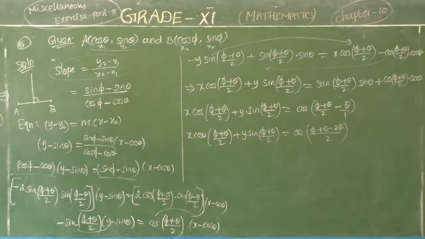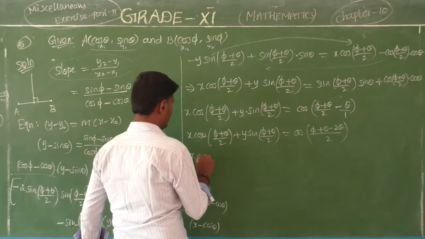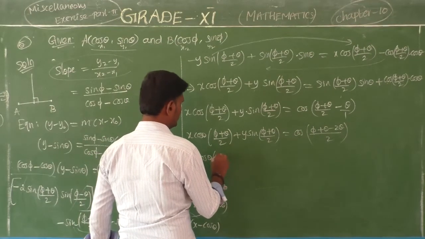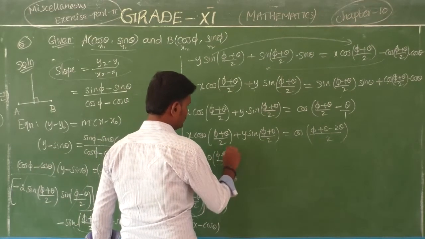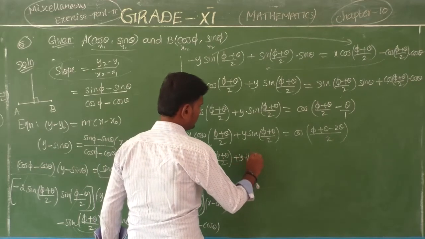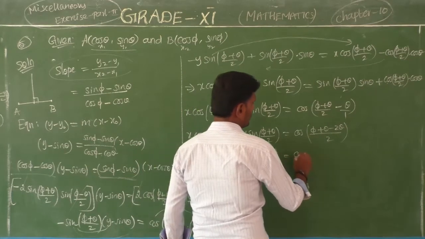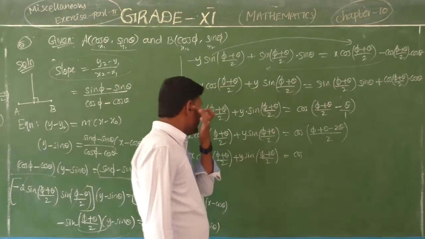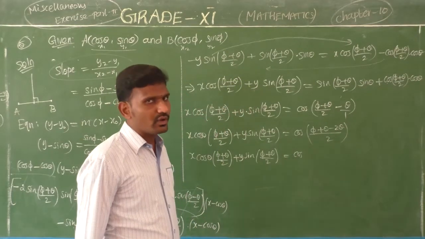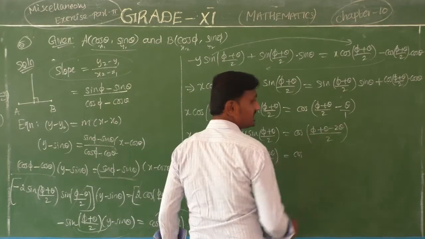So minus 2 theta plus theta, what will come? Minus theta. So x into cos of (5 plus theta)/2 plus y into sin of (5 plus theta)/2 is equal to cos of, so 5 minus 2 theta, 5 minus alpha, 5 minus theta only comes, no.